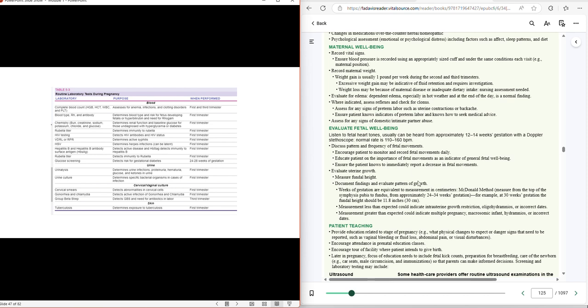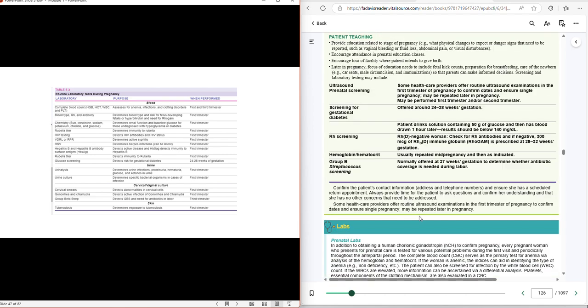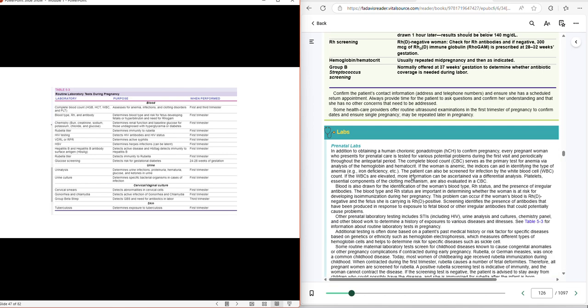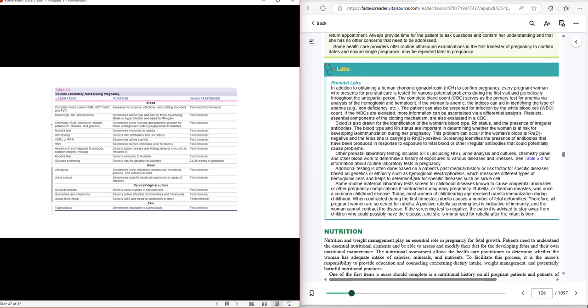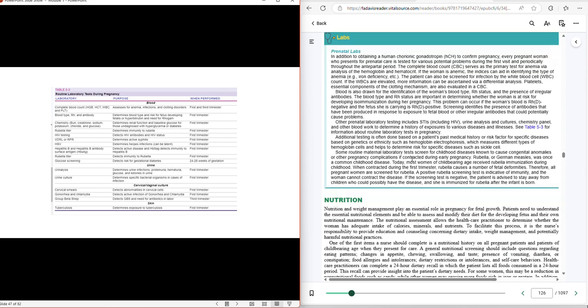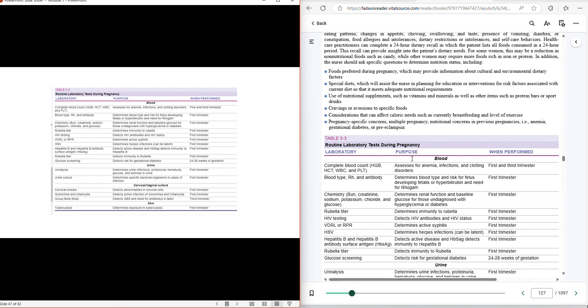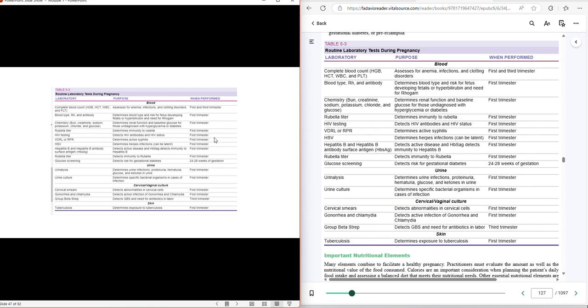So to understand that, make sure you read through this screening, this chart. Okay. The labs are listed on the same page, or actually page 126. And then you have nutrition. And then this chart here is on page 127.